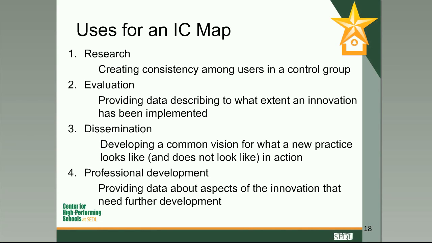When you identify 5 components, for example, you may find that one of those components is typically not really at the ideal level. So that would give you information about, well, that's an area where we really need to be providing some more professional development.